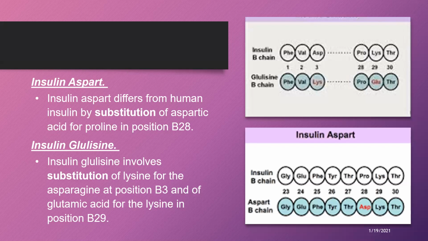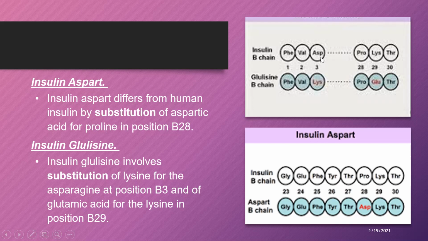So after insulin aspart, there is insulin glulisine. That is again an insulin where there is substitution of lysine for asparagine at position B3 and of glutamic acid for lysine. So the figure here actually belongs to glulisine. There are two substitutions. There is substitution of lysine for asparagine, as you can appreciate here, at position number 3.